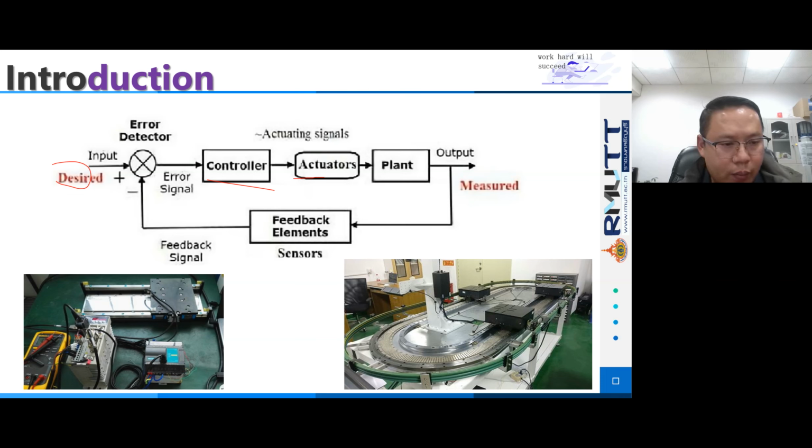The sensor measures the current state of the system.